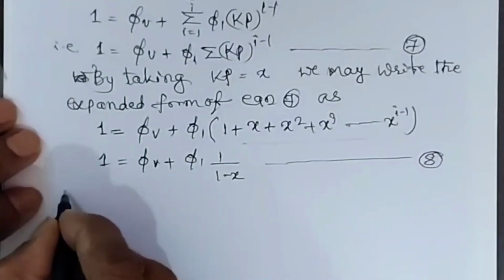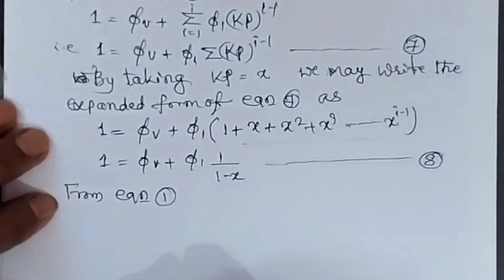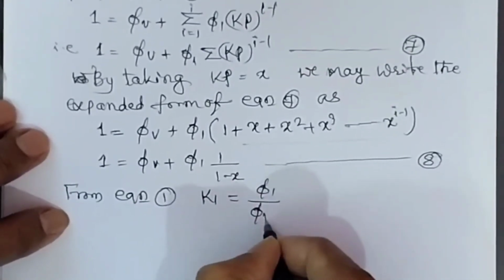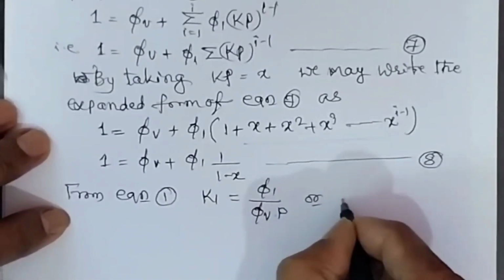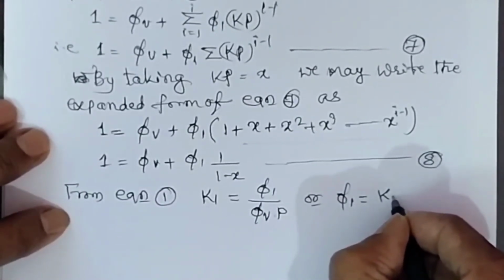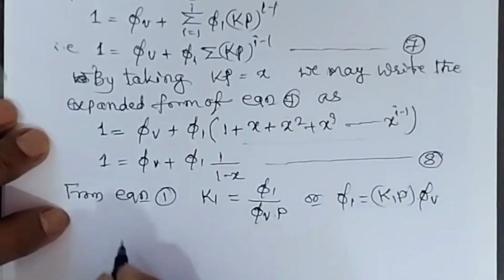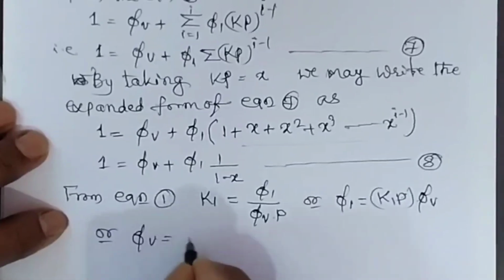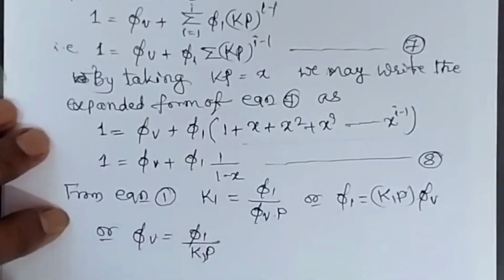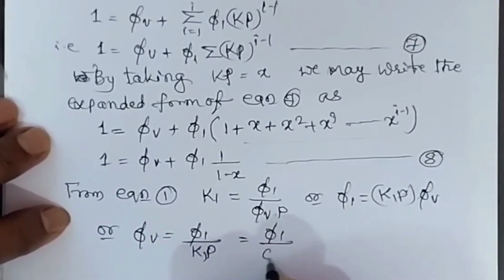Equation 8. From equation 1, where we have taken K1 is different, that is K1 is equal to pi 1 divided by pi v into P, or pi 1 equals K1 P into pi v, or pi v equals pi 1 divided by K1 P. Here it may be taken as pi 1 divided by some other constant, that is c into x.